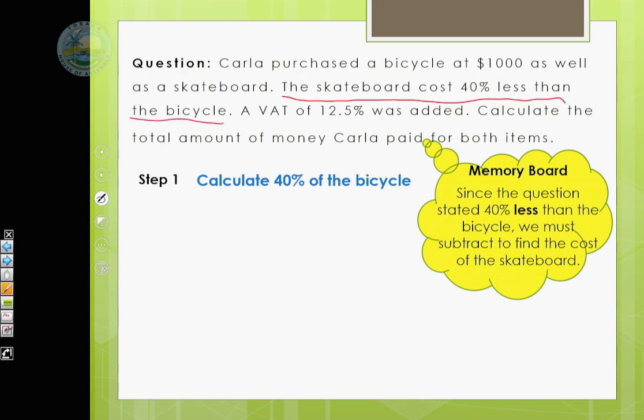So step 1 here, we have to find 40% of the bicycle. And here we go. 0 cancel 0. 0 cancel 0. No more zeros to cancel off. So 40 times 10 is equal to $400.